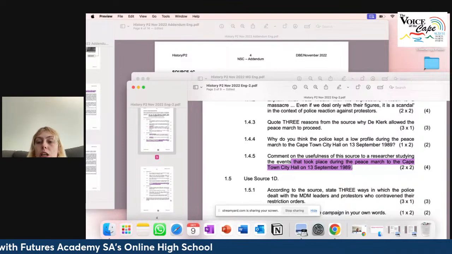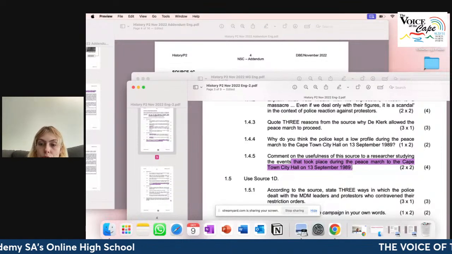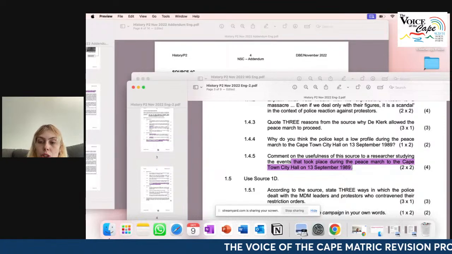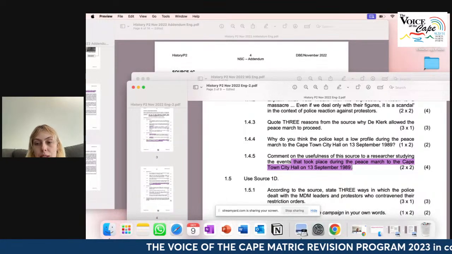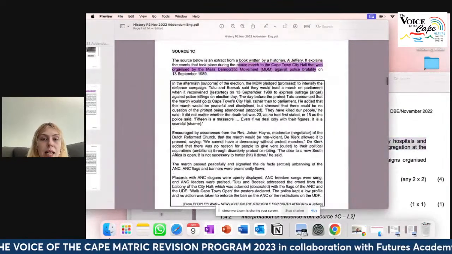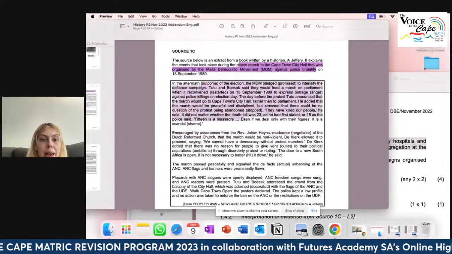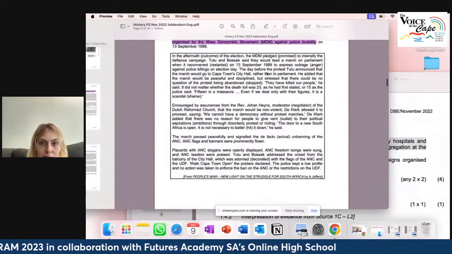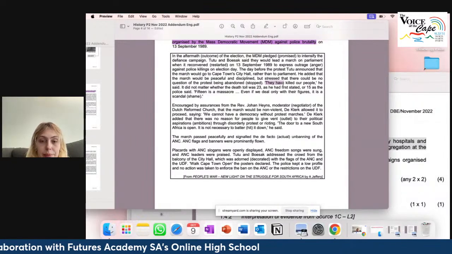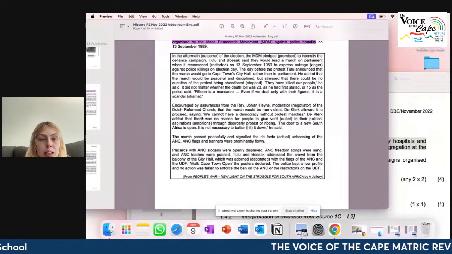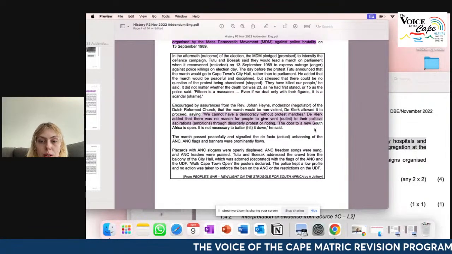So the source is useful to a researcher studying the events that took place during the Peace March to the Cape Town City Hall on 13 September 1989, as it details exactly what happened and the reasons for the march. It also details what prominent figures like Tutu said, and what de Klerk's response was.